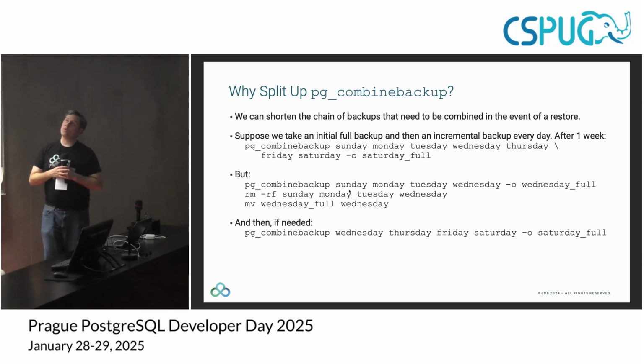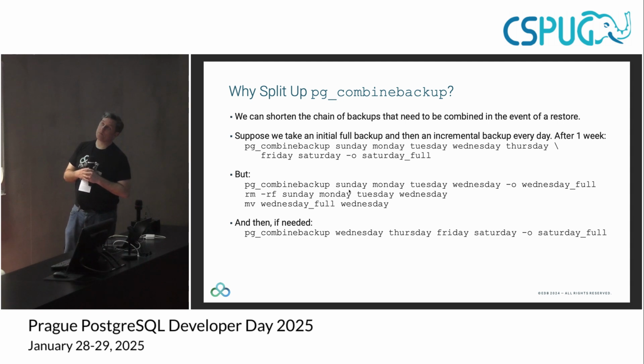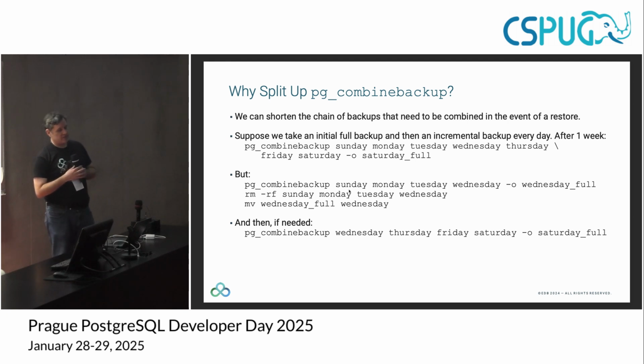It will work, but you might want to shorten that chain of backups at some stage. So what you could do is say, well, I don't care about anything before Wednesday anymore. I know Wednesday is all right.